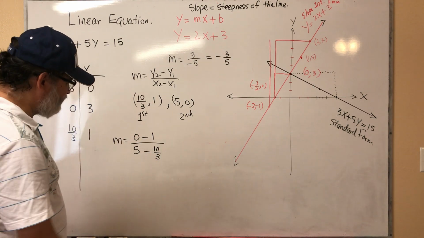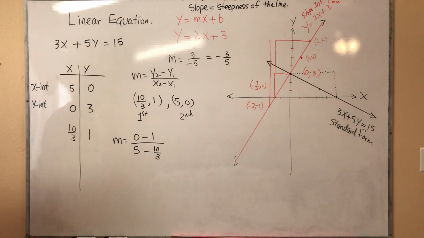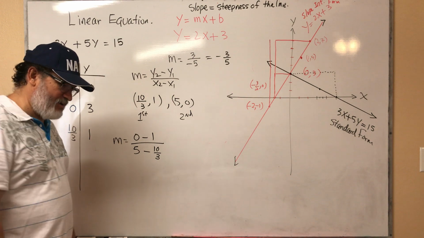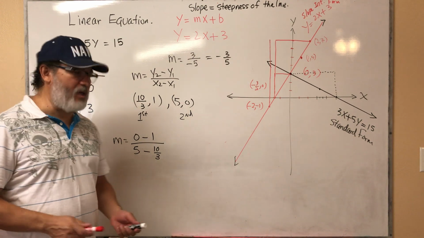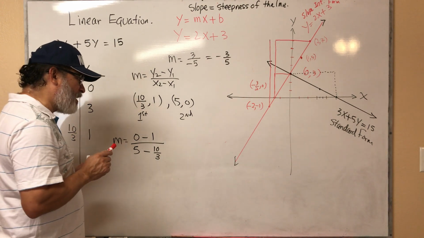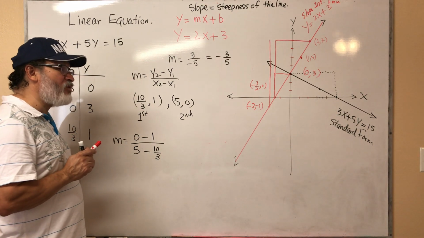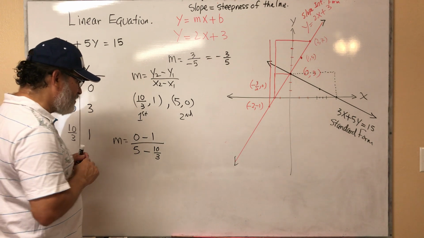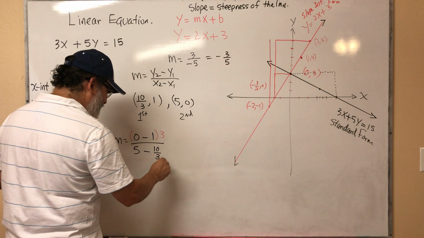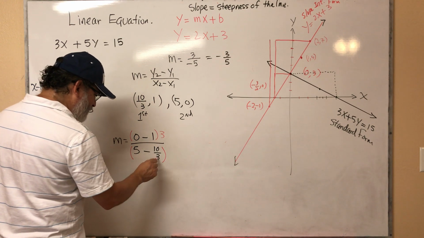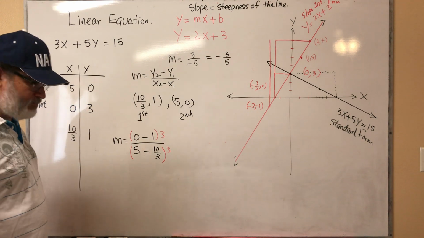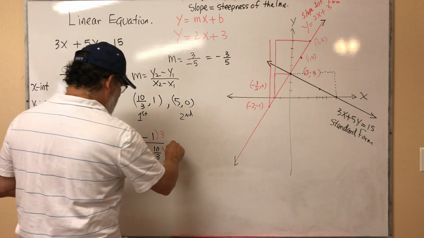Okay. I don't know how you guys want to do this, but let me show you the trick. Later on I'll explain it. Because this denominator is 3, I'm going to multiply every numerator by 3. I'm going to multiply this top by 3 and this by 3 because of that denominator. Watch what happens.